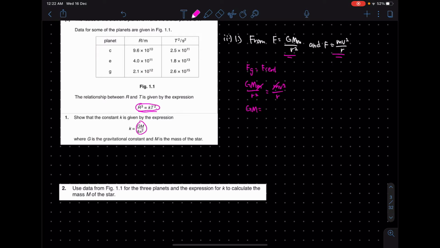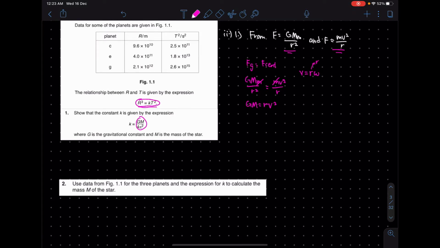So we get something like this. From our circular motion chapter, we learned that v is equal to r omega, where r is the radius, and omega is the angular velocity.